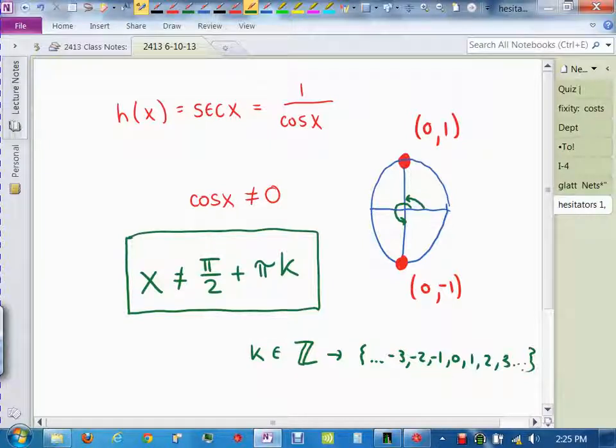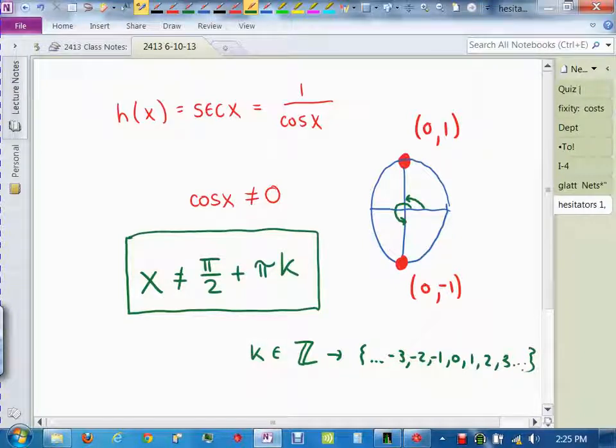If k is 0, what do I get? Pi over 2, right? Now let k be 1. What would I get? Pi over 2 plus a pi. Pi is a half rotation, so I would go there, wouldn't I? So I get that answer.